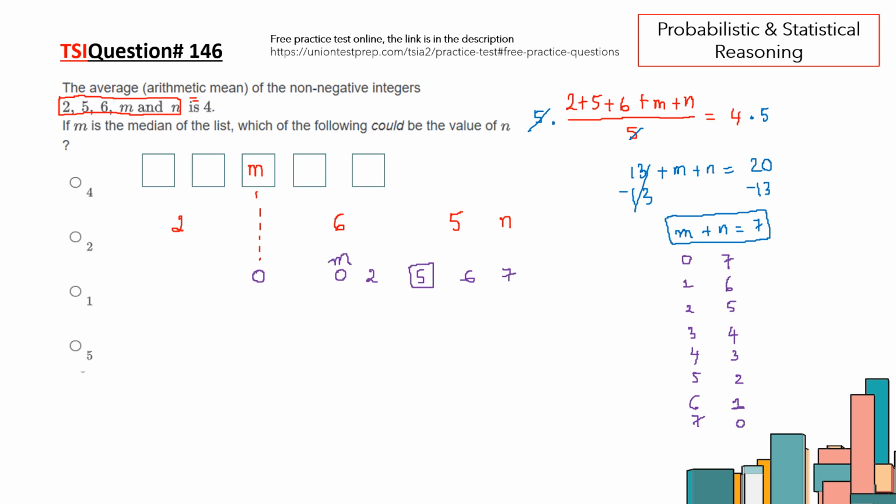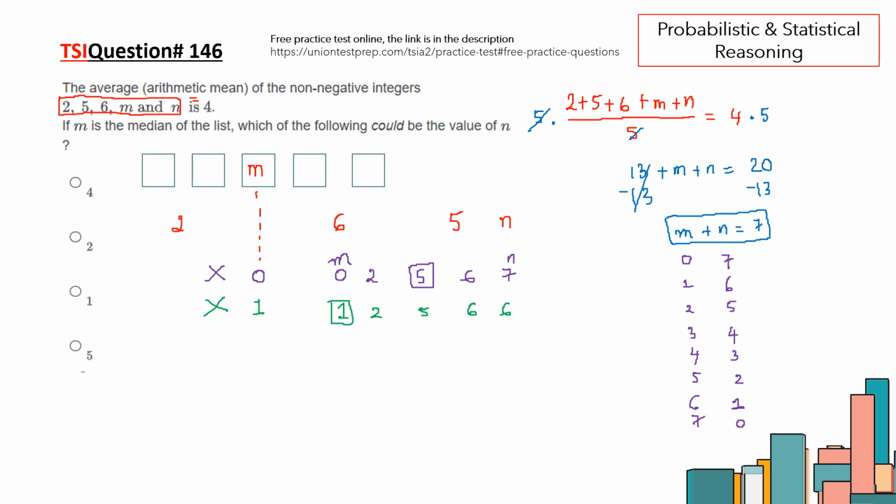So this case is not correct. Now we check the next case, if m equals 1. Still 1 here, then 2, 5, 6, and 6. So m is still not at the middle, so this one is not correct.